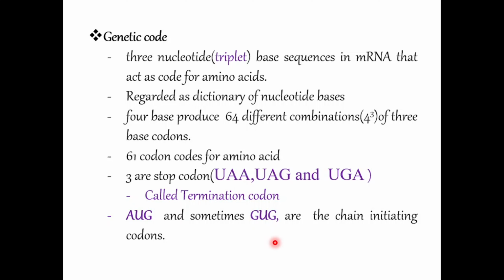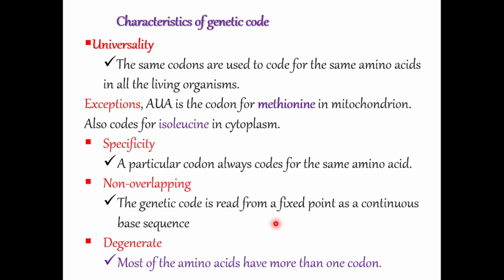GUG codes for methionine, not isoleucine, not valine or another kind of amino acid. So it is very specific. Again, it is non-overlapping. It never overlaps. It reads from a fixed point as a continuous base sequence, but never overlaps.